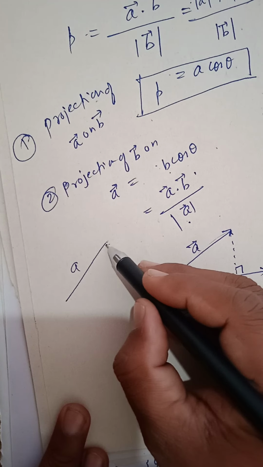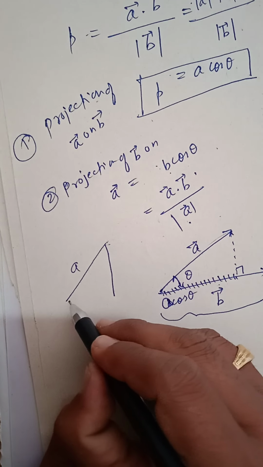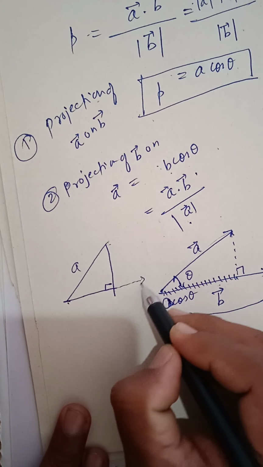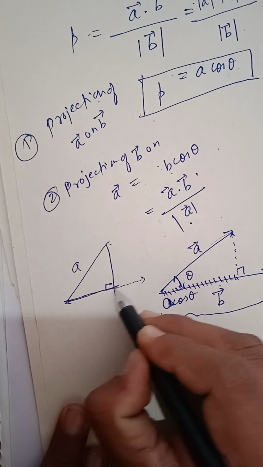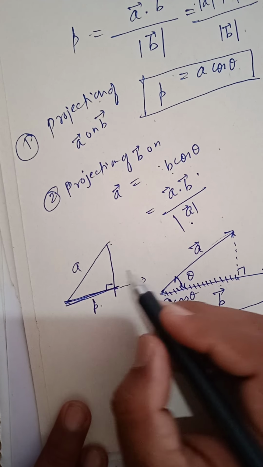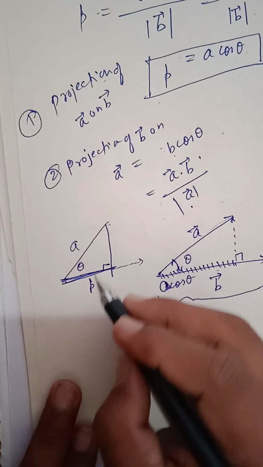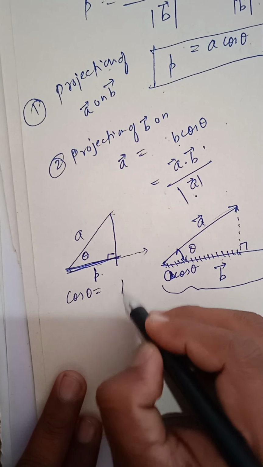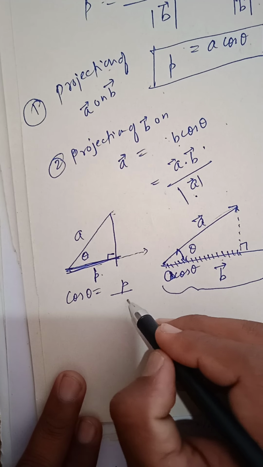And if you consider the triangle, this is the entire vector B, and suppose this part is small p. Then don't you feel that cos theta is this p base upon hypotenuse?